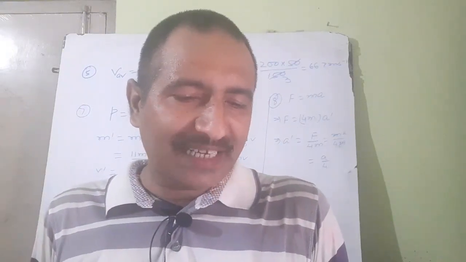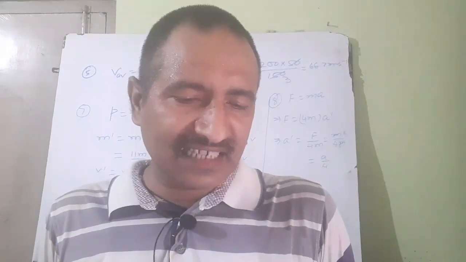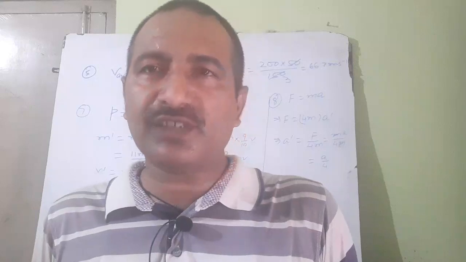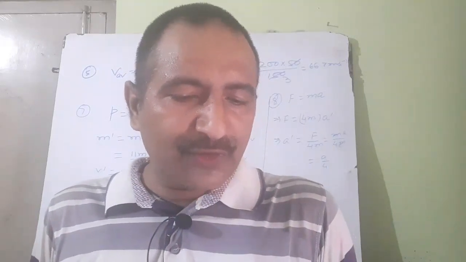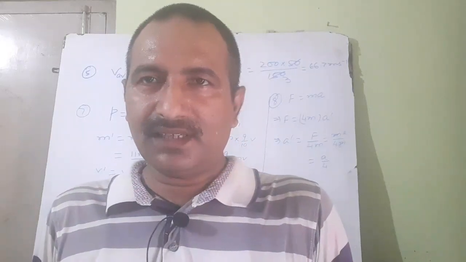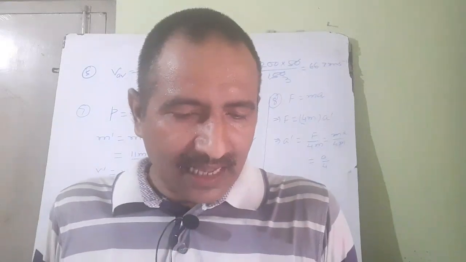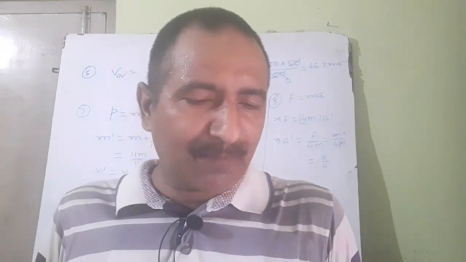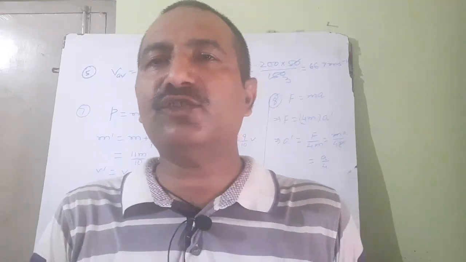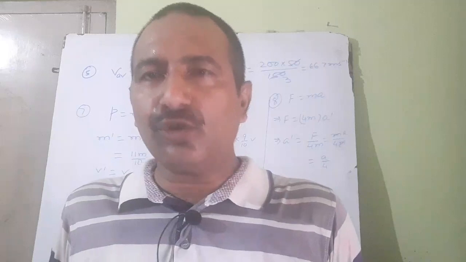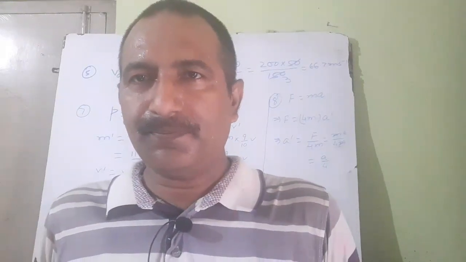Now question number 10. Force required to maintain uniform motion of a body along a straight line over a perfectly smooth surface. If the surface is smooth, there is no friction, and you know for uniform motion net force should be 0.